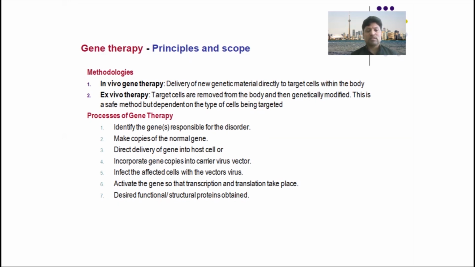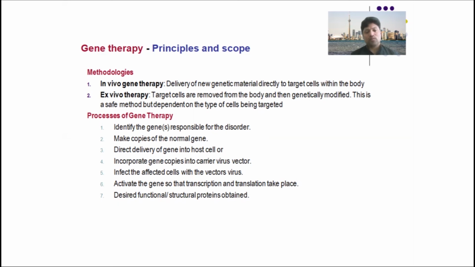There are seven steps involved in the process of gene therapy: identification of the gene responsible for the disorder or disease. In the second step, we make copies of the normal gene. In the third step, direct delivery of the gene into the host cell or targeted cell.